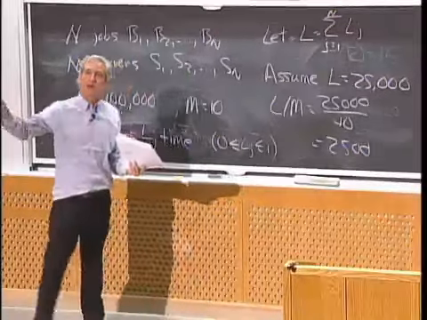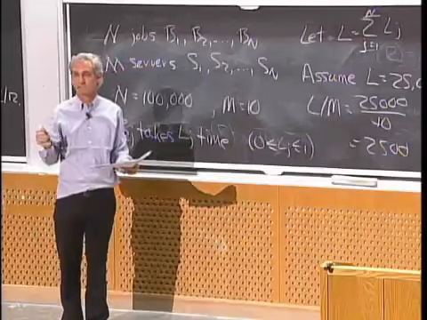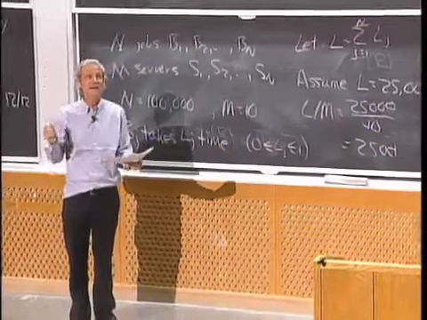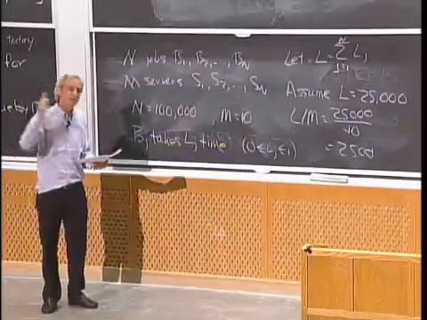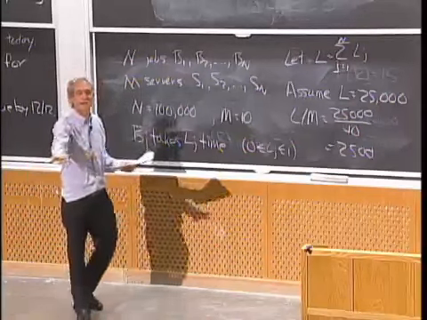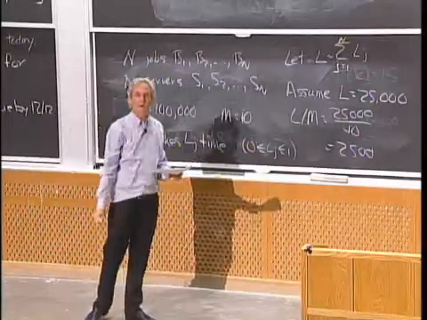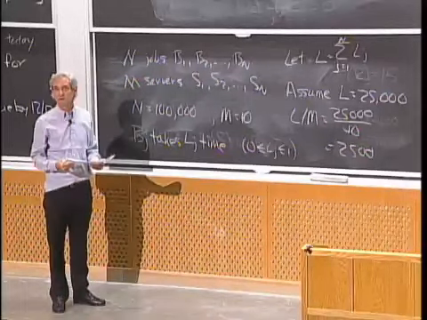So a job comes in. You don't even pay attention to how hard it is, how much time you think it'll take. You might not even know before you start the job how long it's going to take to complete. Give it to a random server. Don't even look at how much work that server has. Just give it to a random one. And it turns out this does very, very well, without knowing anything.